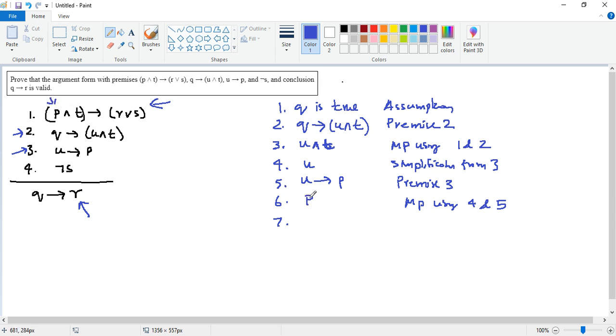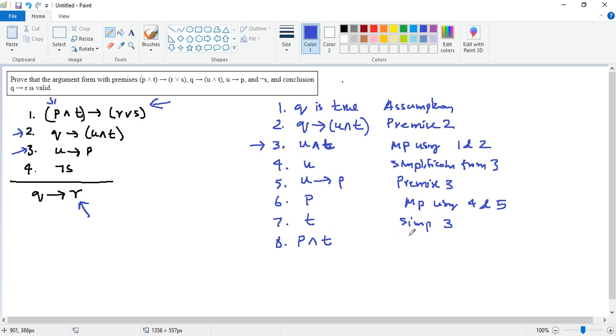And from three, I can also simplify and write T is true, because when U and T are true, both U and T have to be true. So again, simplification from three. Now what I have is both P and T are true, which means I can conclude that P and T is true.